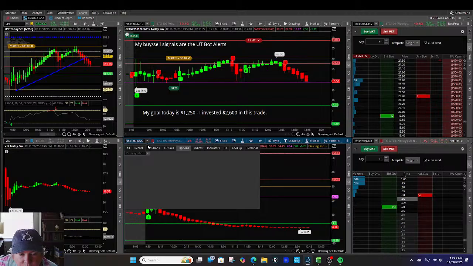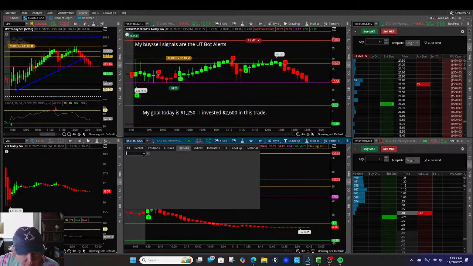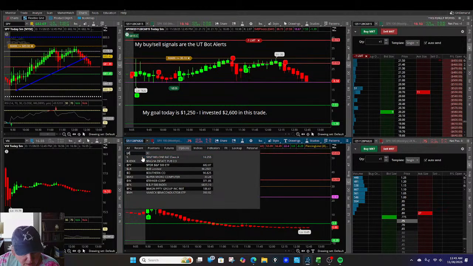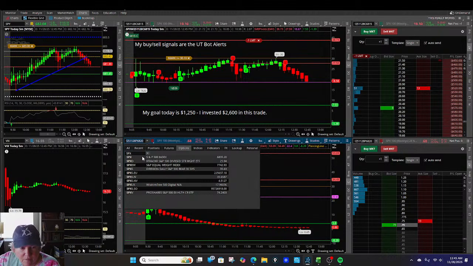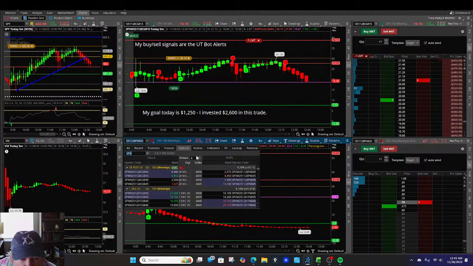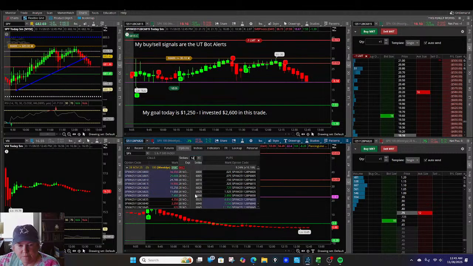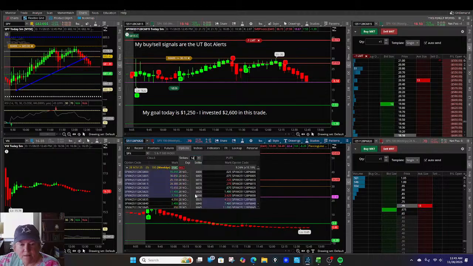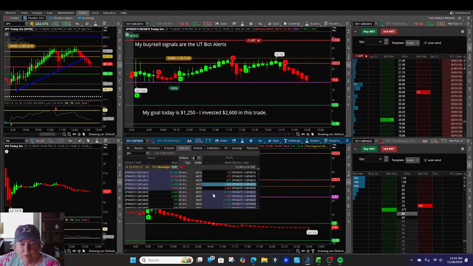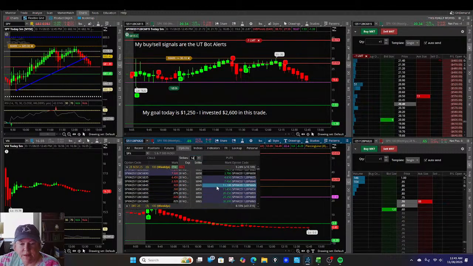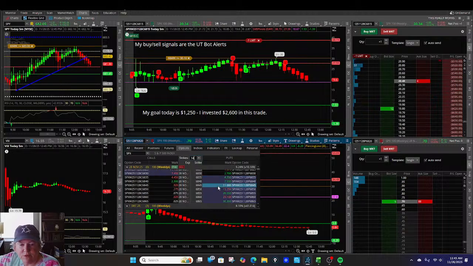Right now I'm looking for an in the money. I go down to 14. Come over here and I do the third one in the purple. 1, 2, 3.